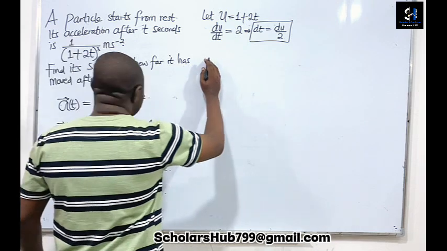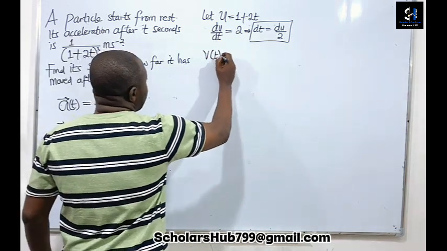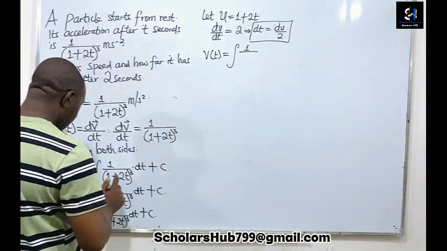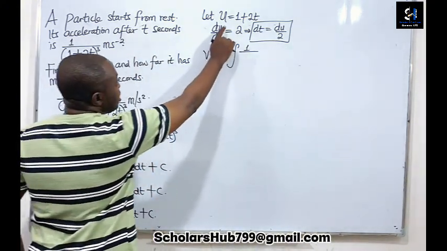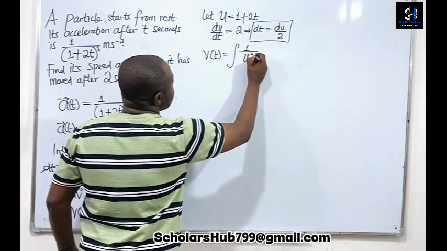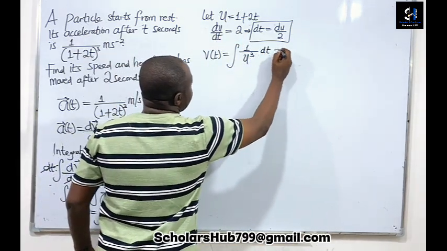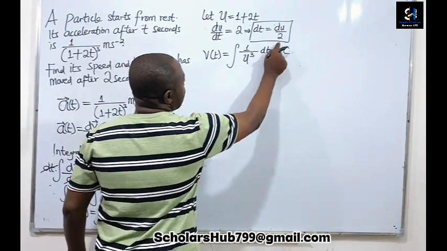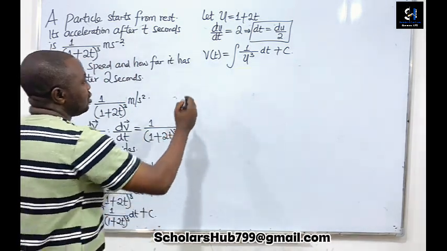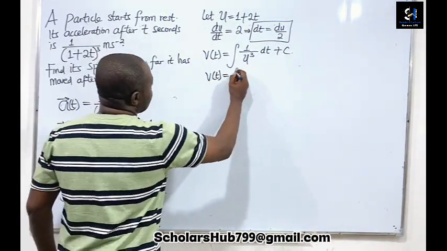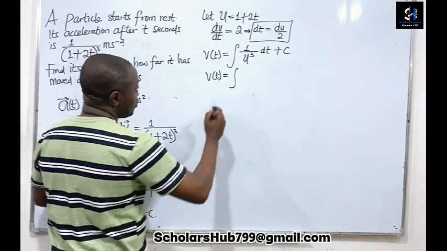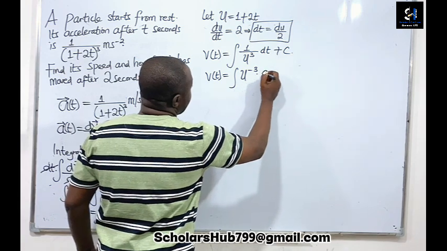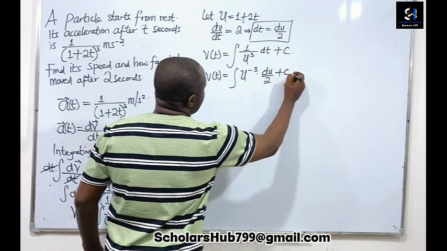Now, v as a function of time t equals the integral of 1 over u^3 with respect to t plus c, since 1 + 2t is equal to u. Now I can substitute du/2 for dt, so that v(t) equals the integral of u^(-3) multiplied by du/2 plus c.